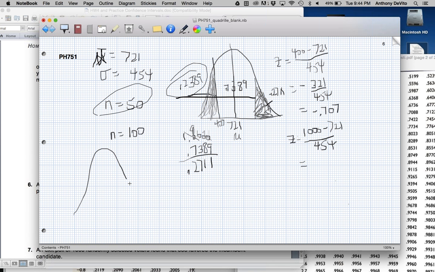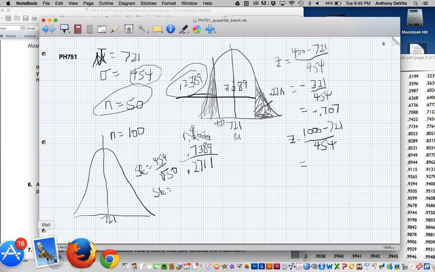The distribution of sample means would be expected to have the same mean, 721, but now it's going to be narrower. Instead of a population standard deviation of 454, it's going to have a standard error equal to 454 divided by the square root of the sample size, which is 50. That's going to be our standard error. Let's get our calculator back up.